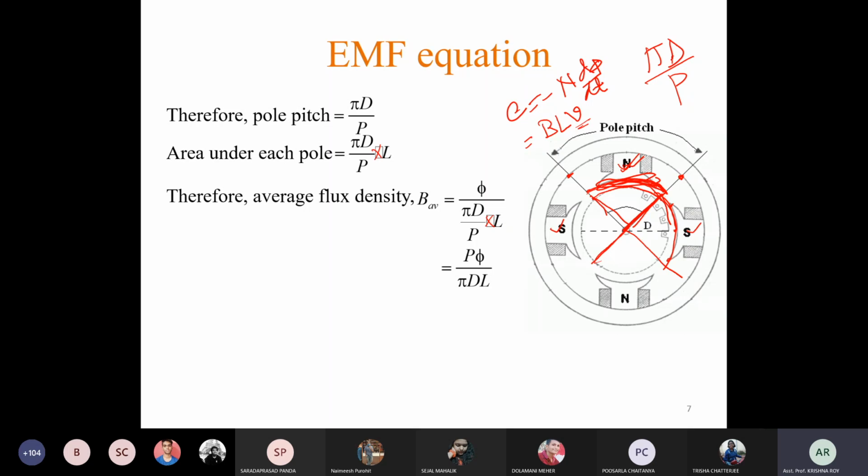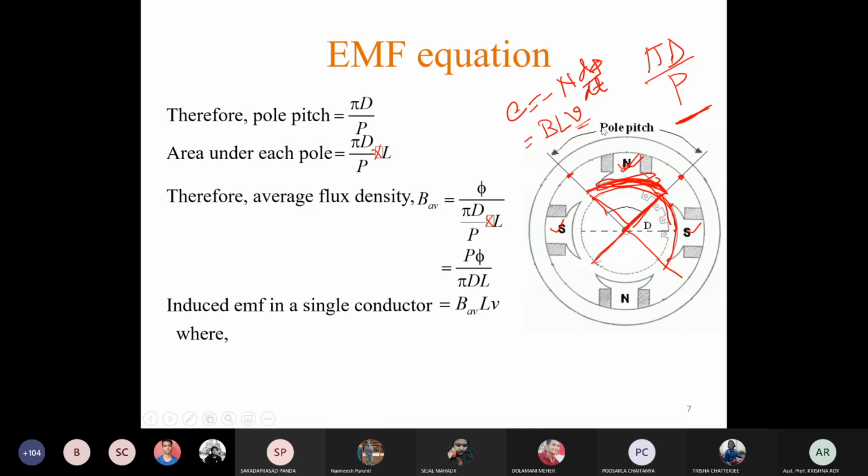So what is this V? V is the linear velocity of the rotor. Induced EMF in a single conductor: here we are going to consider only one conductor. So induced EMF in a single conductor can be calculated using this formula, that is B average into L into V. And what is this V?